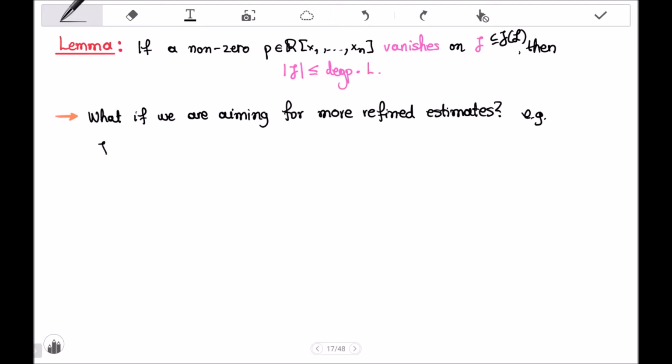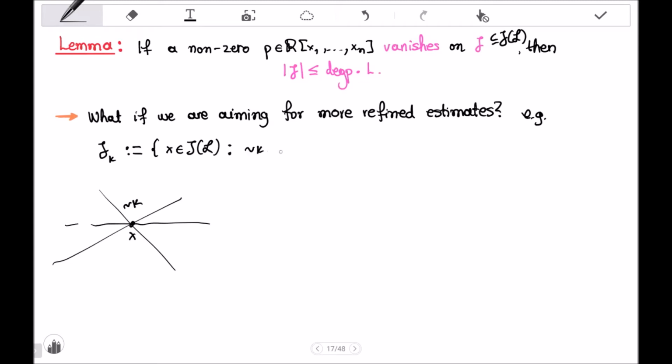So let's say that J_k, we define it to be the set of joints that lie in about k lines. So for every joint in J_k, I will see about k lines of my family passing through it. So a set of joints such that about k lines in L pass through x.